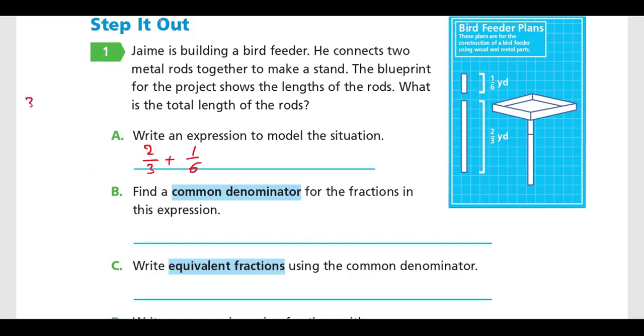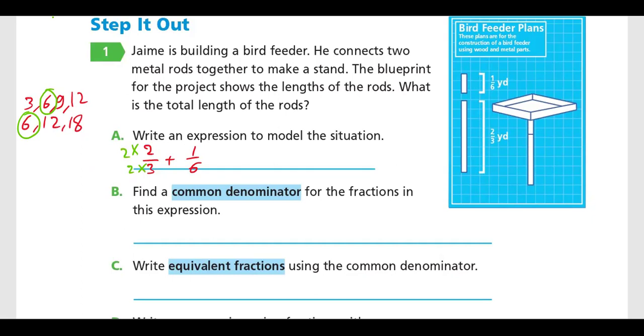Table 3 will be 3, 6, 9, 12, and so on. Table 6 will be 6, 12, 18, and so on. So the first common between them is 6. So we can make 3 as 6 if we multiply it by 2.